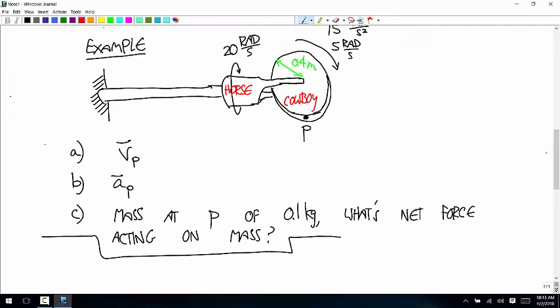You have a few options of where to put the coordinate system, but to make this as simple as possible, I'm going to choose the coordinate system like this. So there's X, Y, and Z coming out of the page.